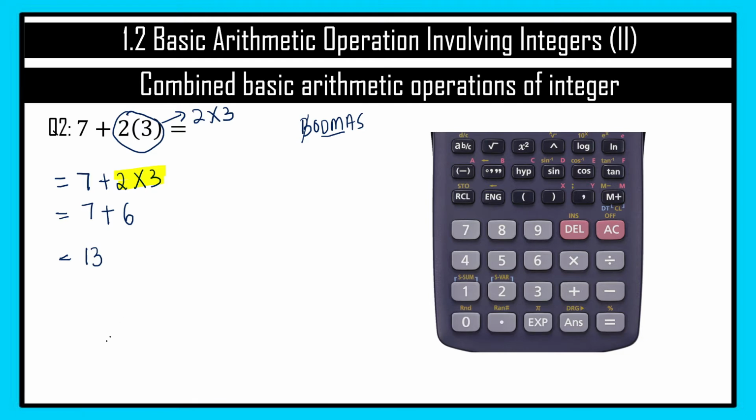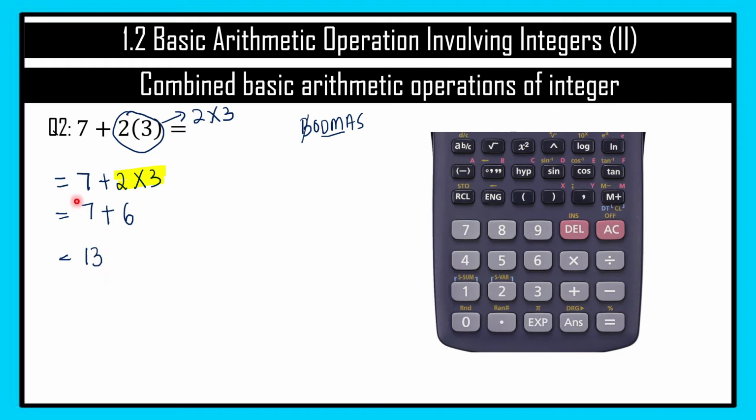Alright, how to use the calculator to check our answer? You can choose to follow exactly like the question, which is 7 plus 2, open bracket, 3, and then close your bracket, and then press the equal sign. You should get the final answer same as this one, which is 13.